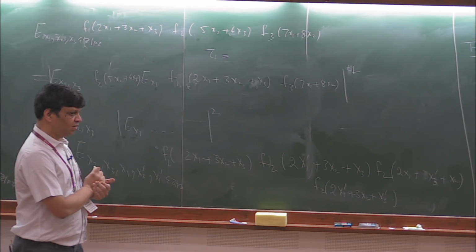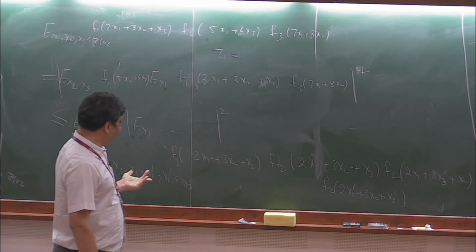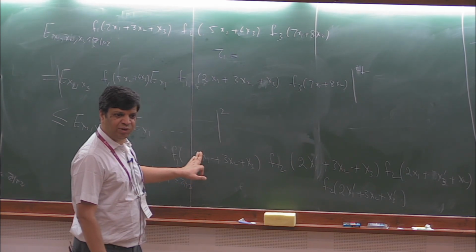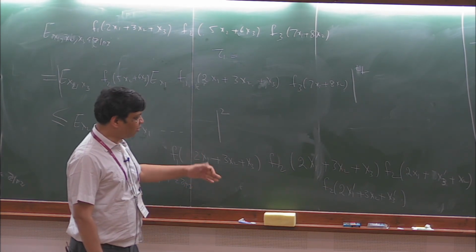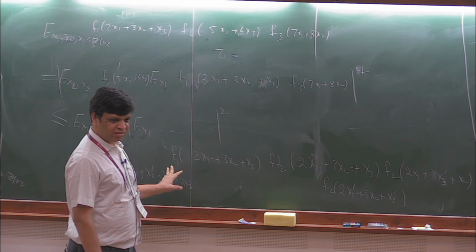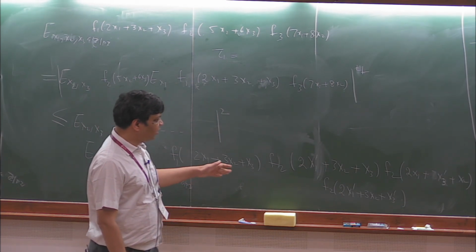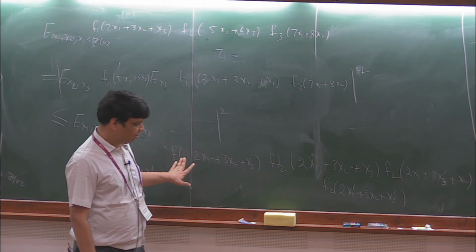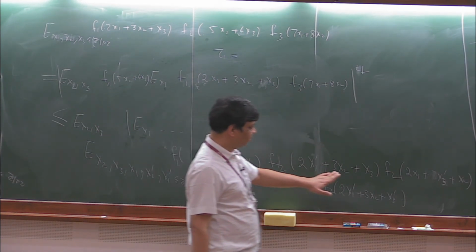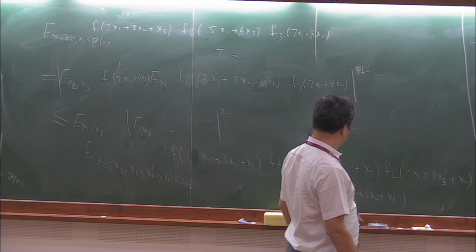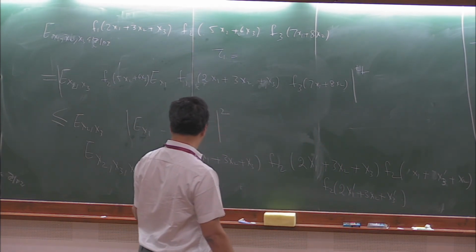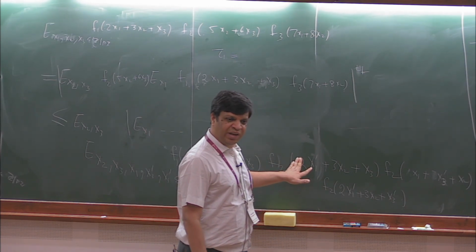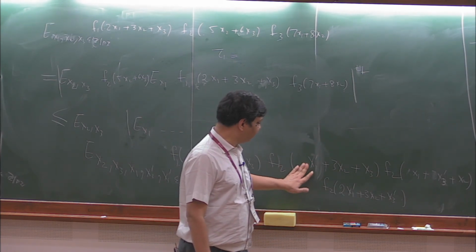Okay? So now first of all, as x1 varies over Z mod pZ, 2x1 also varies over Z mod pZ, and there is nowhere 5x1 is coming. So I can erase this. As x1 prime varies over all of Z mod pZ, 2x1 prime varies over all of Z mod pZ, so I can erase this also.